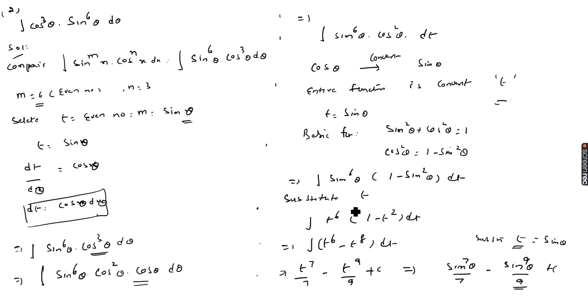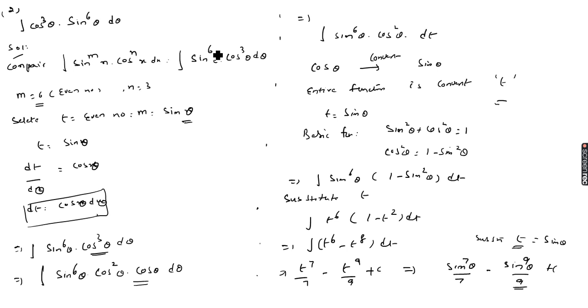Okay, so how do we solve this problem? The given question is the integration of cos cubed theta into sin power 6 theta into d theta. First we write sin theta, and next cos theta. What is the comparison? We compare with the integration of sin power m x into cos power n x into dx.